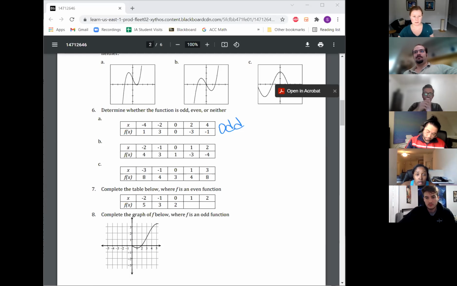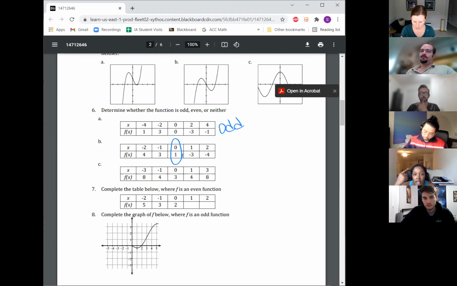Okay, the reason is because the 0,1 for the odd, it went through 0, 0, but the 0,1 was 0 and 1. That's what made me say I know it's not odd.